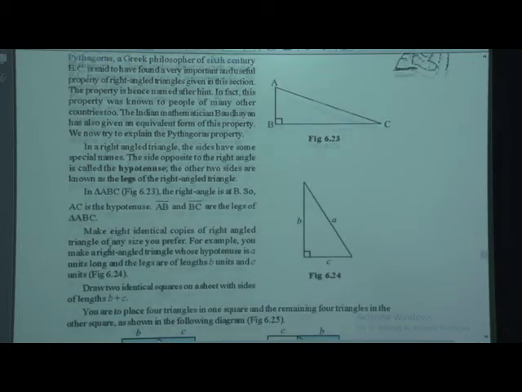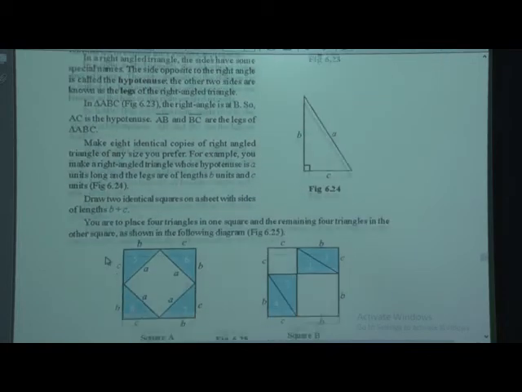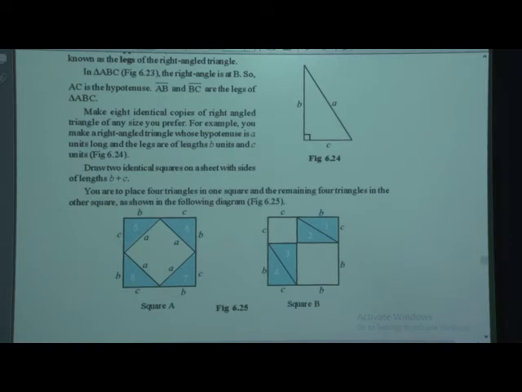Now draw 2 identical squares on a sheet with sides of length b plus c. We have already cut 8 identical right angle triangles.